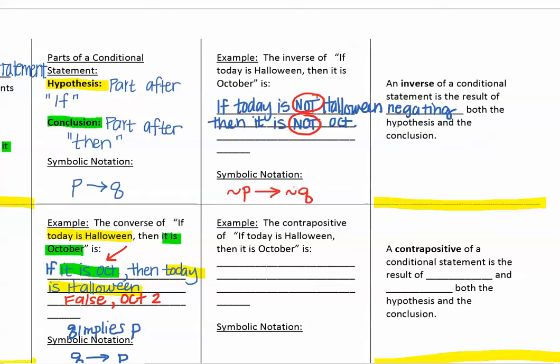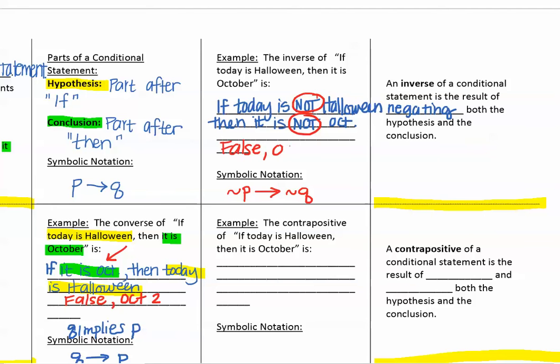Okay, let's think about this. Let's decide if this is true or false. If today is not Halloween, then it is not October. Well, can you think of a day that's not Halloween, but actually is October? I can. I can think of about 30 days, right? So this is false.